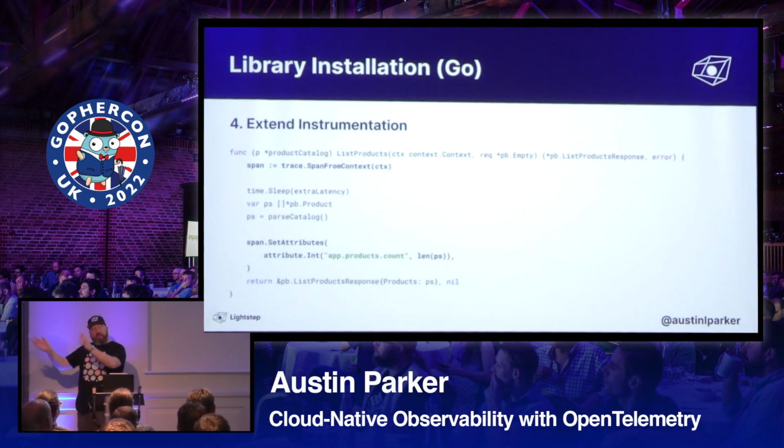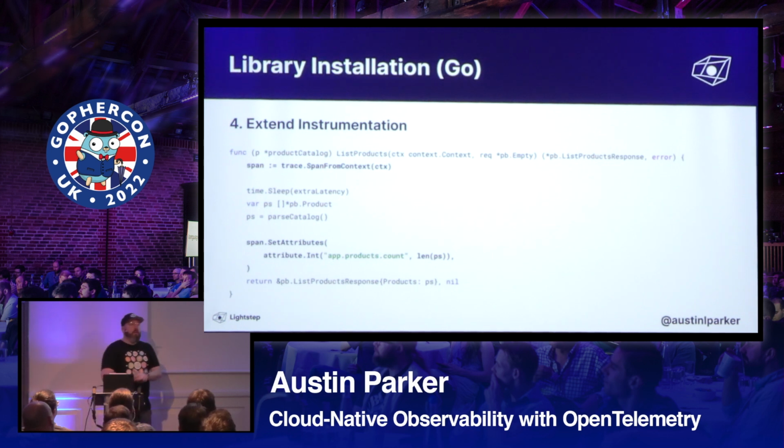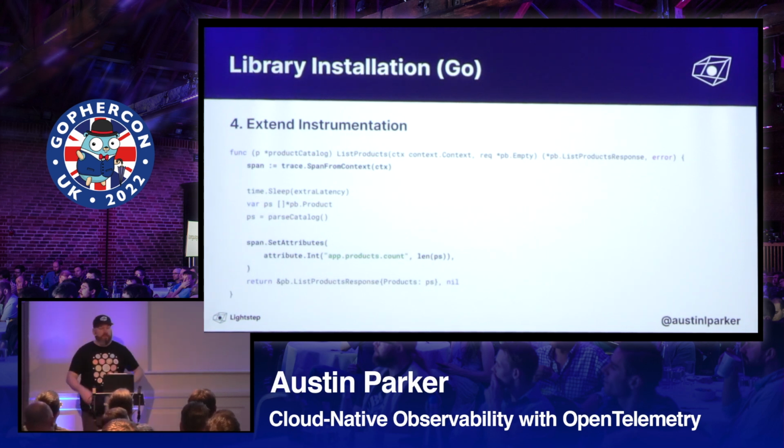But the real question isn't just what node are they on, it's also what is the cross product of customers being impacted by this and the nodes they're on. And having things like app.user.id or app.session.id or whatever, having those kind of custom attributes added into your instrumentation is where you start to really see a lot of value out of tracing and being able to ask those kind of questions.